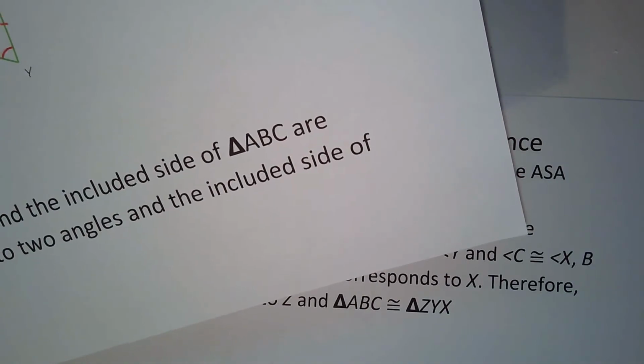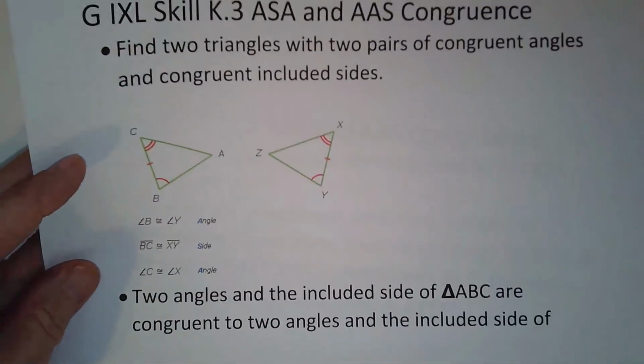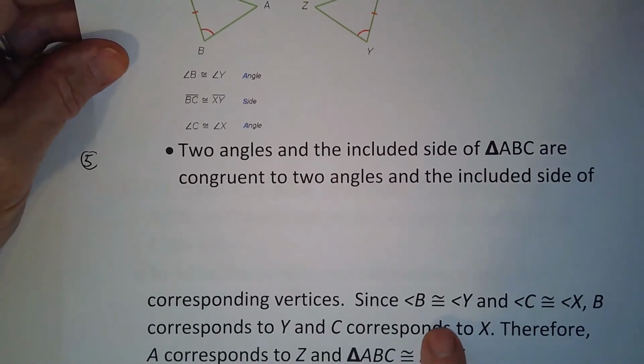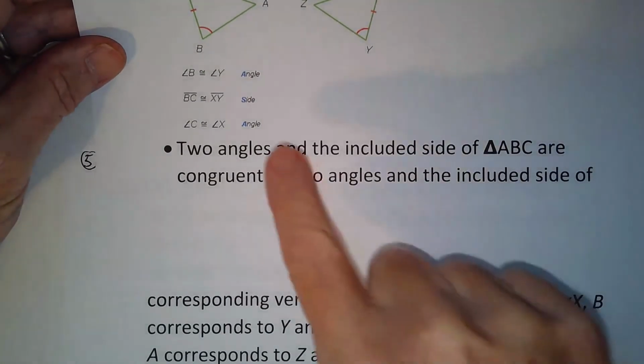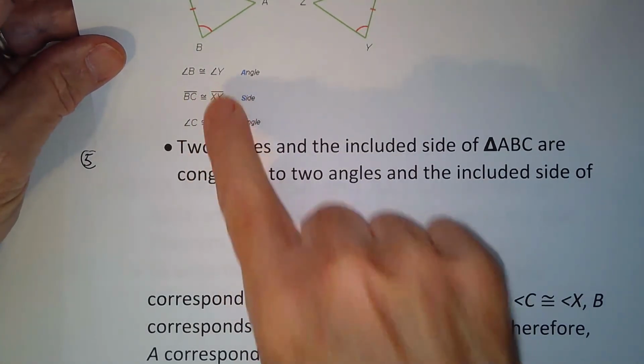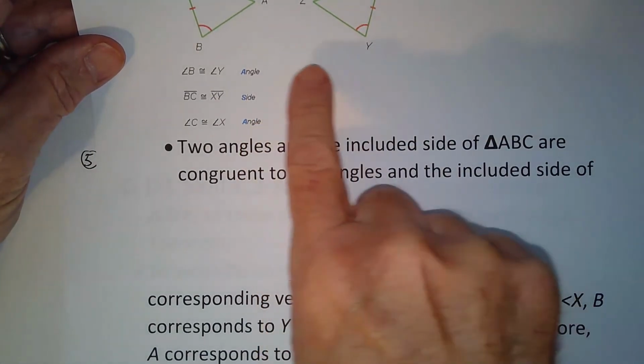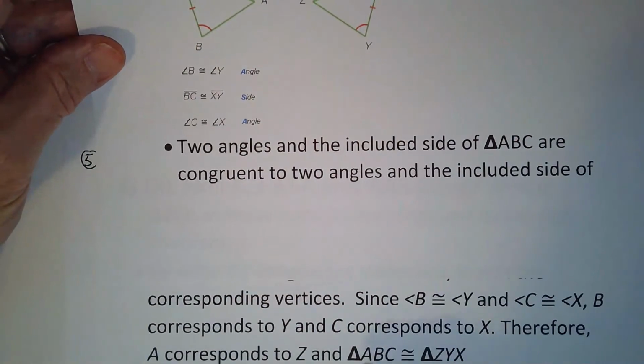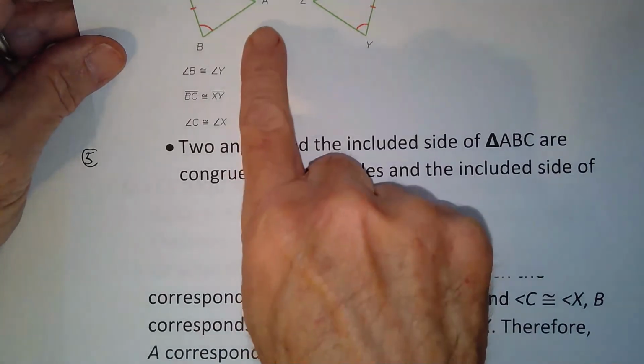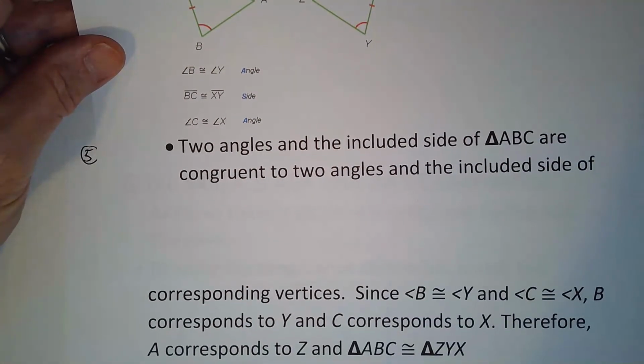So we have to assume then that A corresponds to Z. A is corresponding to Z. So one more time. B corresponds to Y. C corresponds to X, again, mirror images. And so we can assume then that A corresponds to Z.